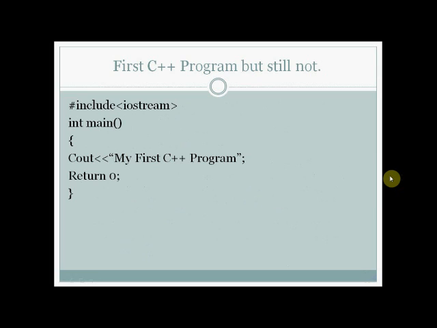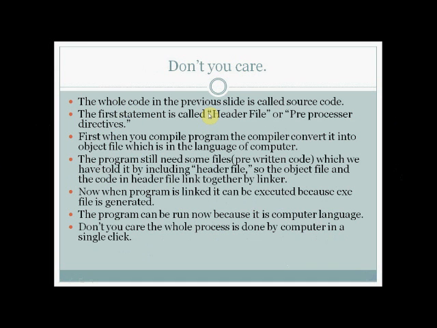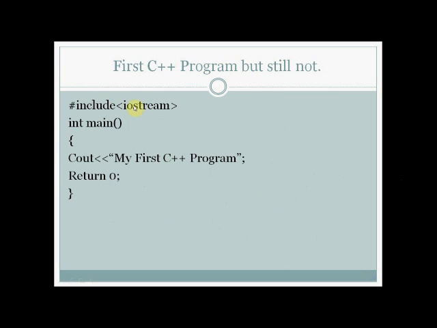This is our first C++ program, and you don't need to understand this program in this step. The line here is called a header file, okay, and the whole code is called source code. The compiler converts source code into an object file, and the object file is linked with the header file you have included in this.